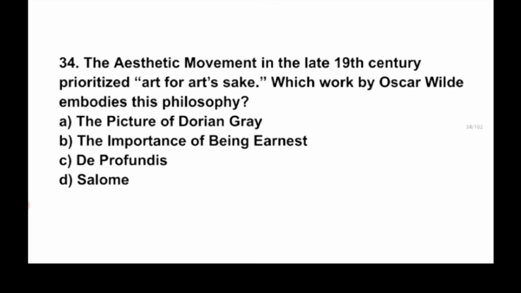The aesthetic movement in the 19th century prioritized art for art's sake. Which work by Oscar Wilde embodies this philosophy?